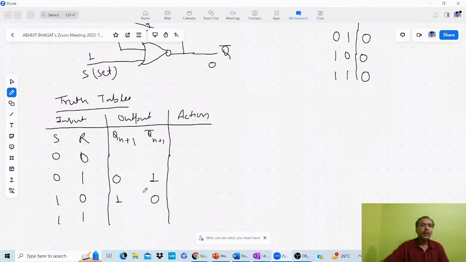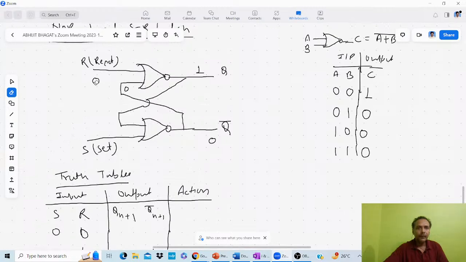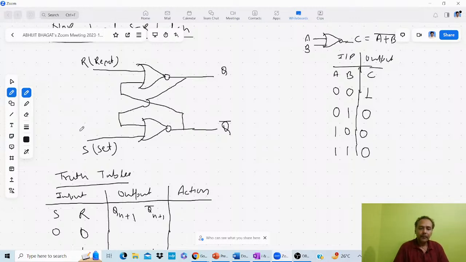Next, suppose we discuss the 0, 0. So next when both the input is 0, 0, means S is 0 and R is 0. Okay.